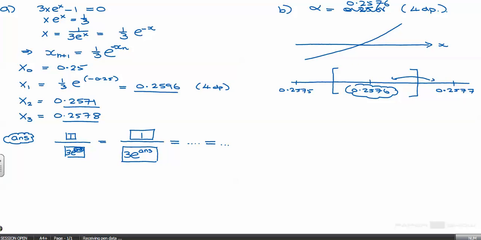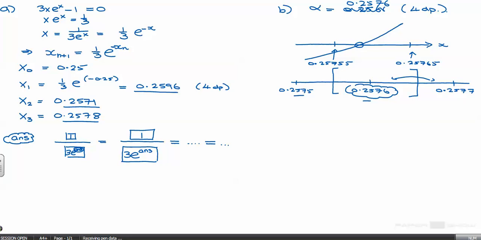So halfway is 0.25765, and halfway between the other two is 0.25755. So if it's between those 2 points, then there must be a sign change between these two values.